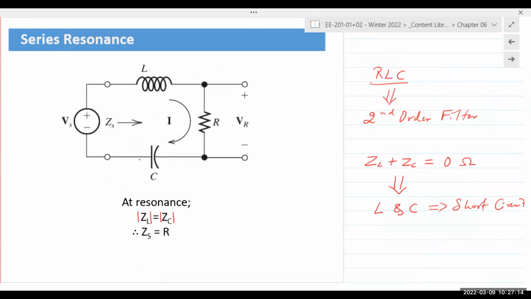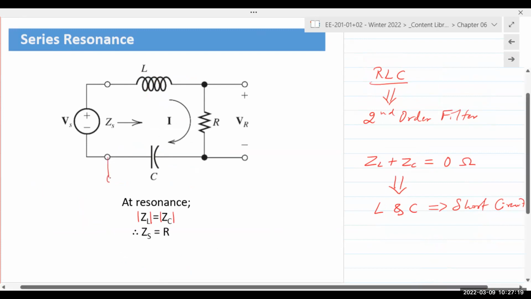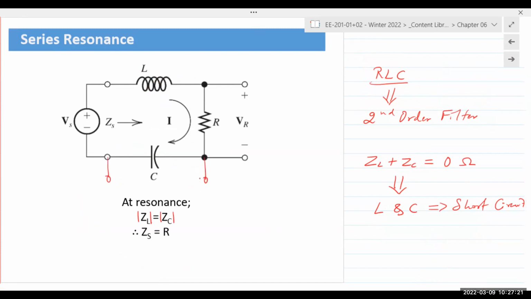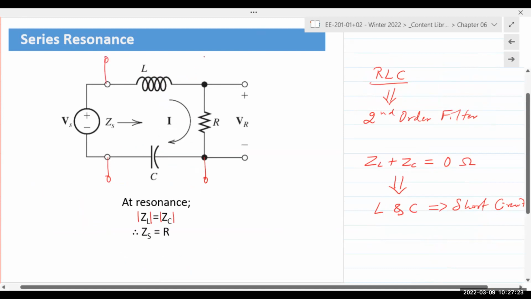Remember what kind of filter it was? It was a low pass filter. If you take the output across the inductor, you get a high pass filter. If you take the output across the resistor, you get a band pass filter.